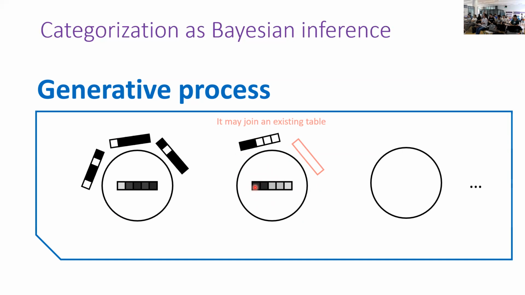You can see the bars inside the table look different from the other ones because I use gray values instead of just black and white to denote a continuous value between 0 and 1.